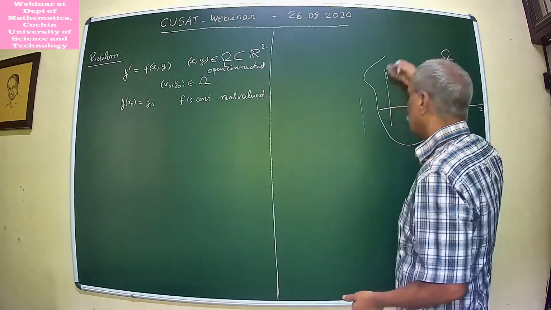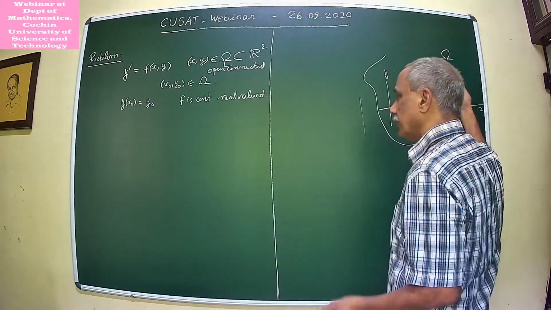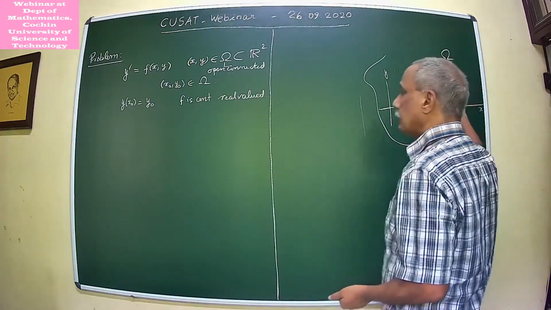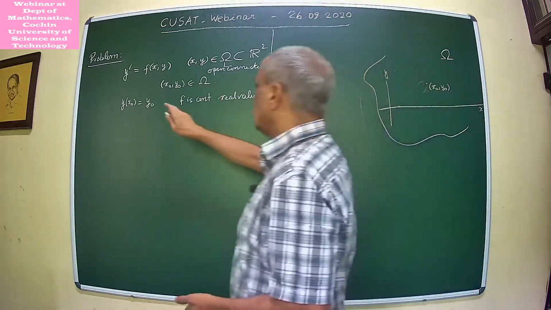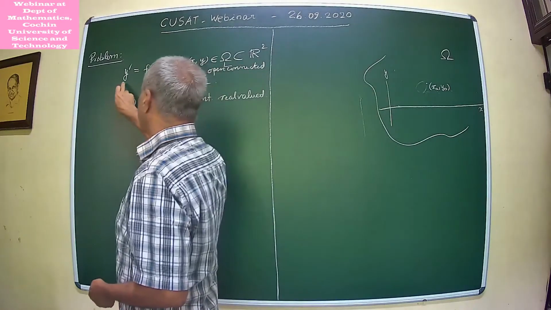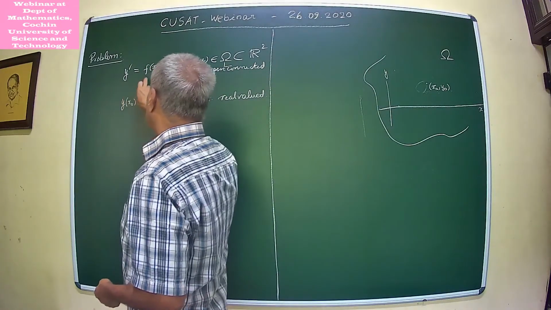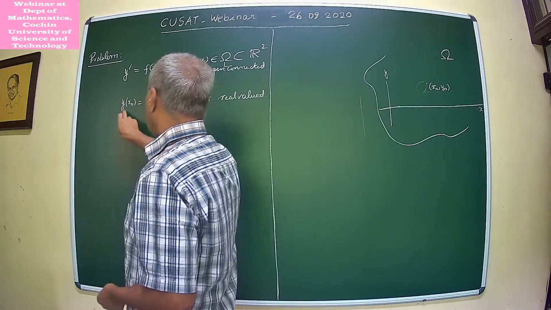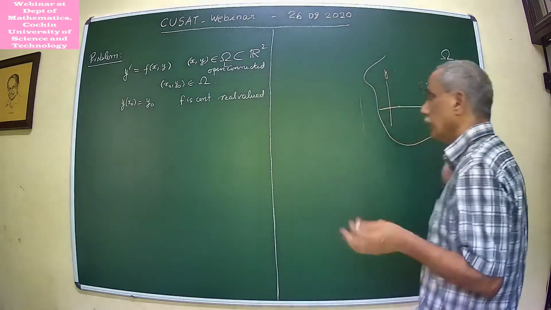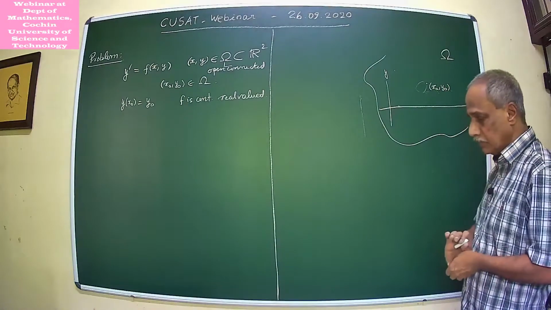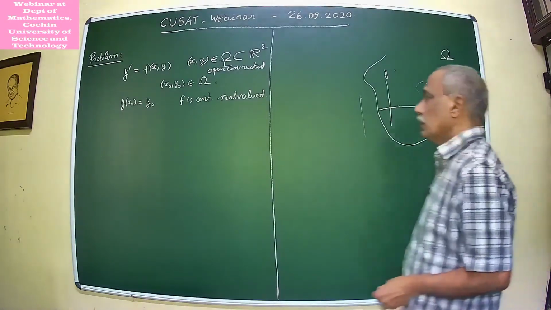It is assumed to be a continuous real valued function, and x naught, y naught is a point in omega. What we are asking for is, does there exist a solution for the equation y derivative equal to f of x, y, y of x naught equal to y naught? I don't have time to go into the geometric interpretation of this and so on.